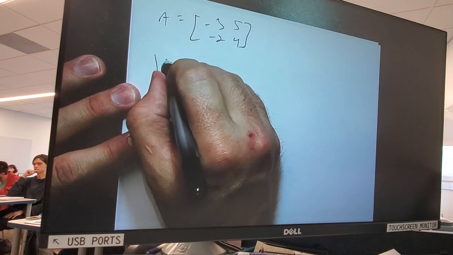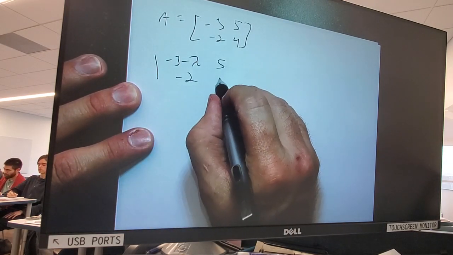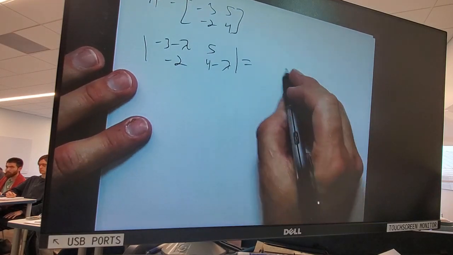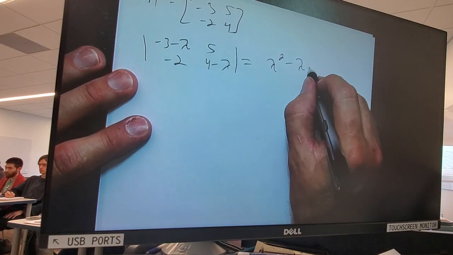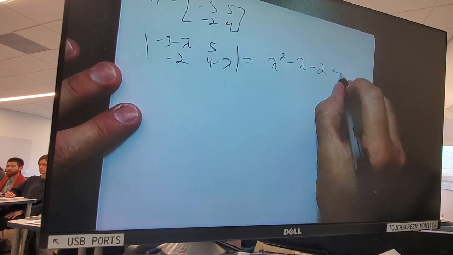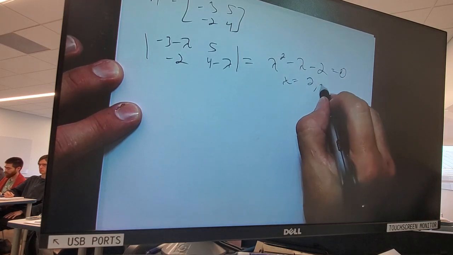If I set up what I need for the eigenvalues, I'm going through this really quickly because you can all do the multiplication and so forth. You get to there. If I set this equal to 0, I'll end up with lambda is 2 and -1.